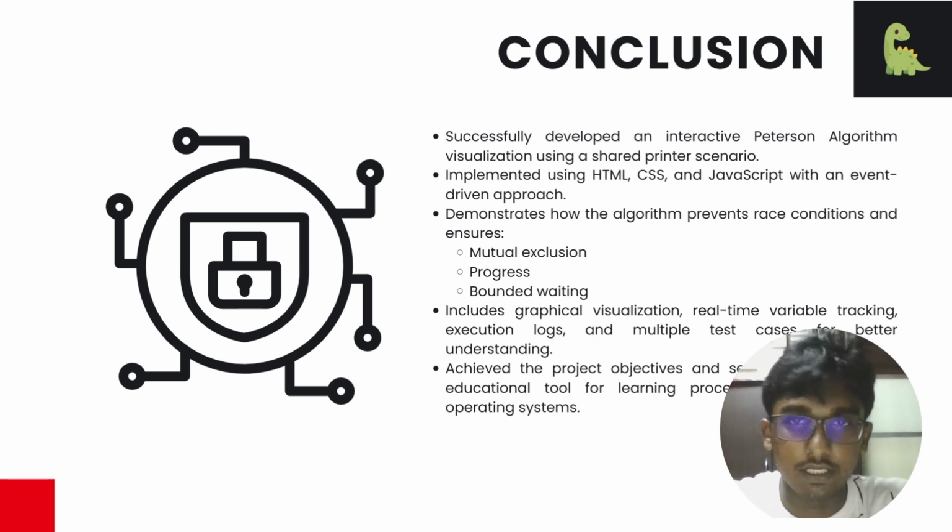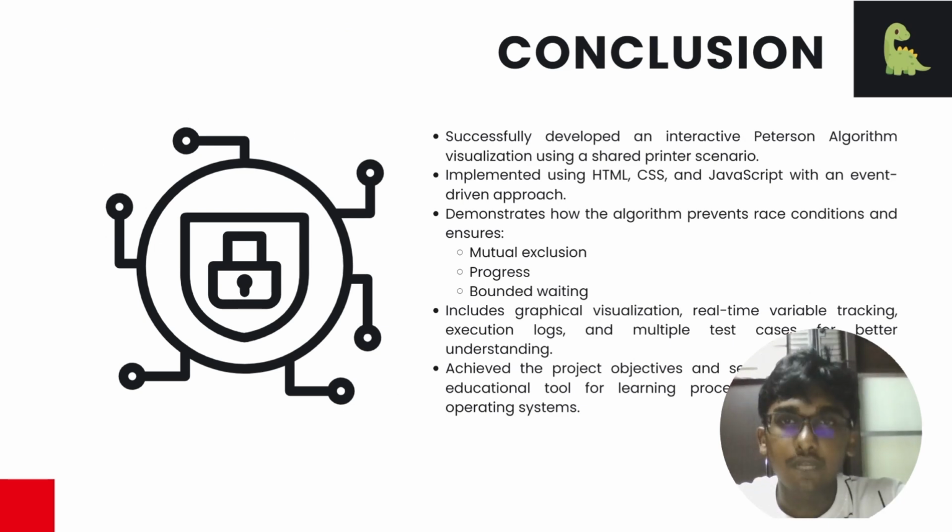Next, in conclusion, we can see that we have successfully developed an interactive Peterson's algorithm visualization using a shared printer scenario. We have also implemented the use of HTML, CSS, and JavaScript with an event-driven approach in this project. This project also demonstrates how the algorithm prevents race conditions and ensures mutual exclusion, progress, and bounded waiting.